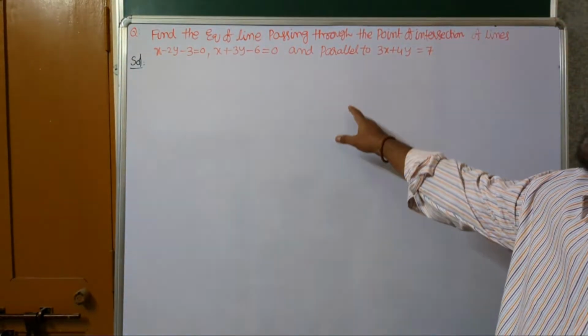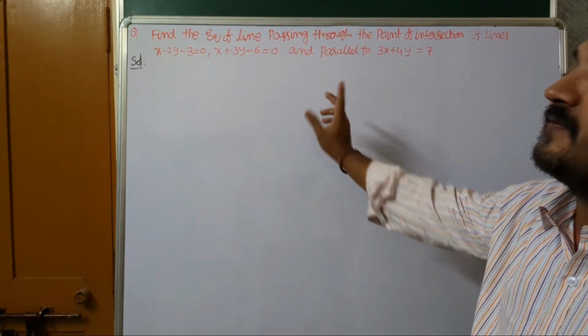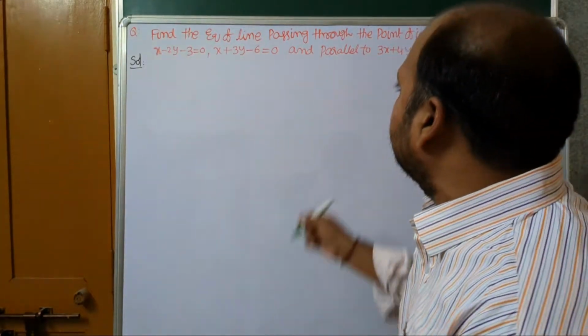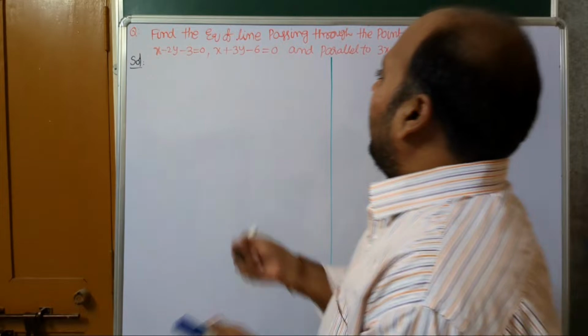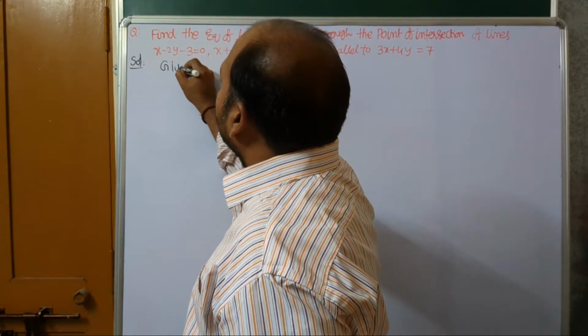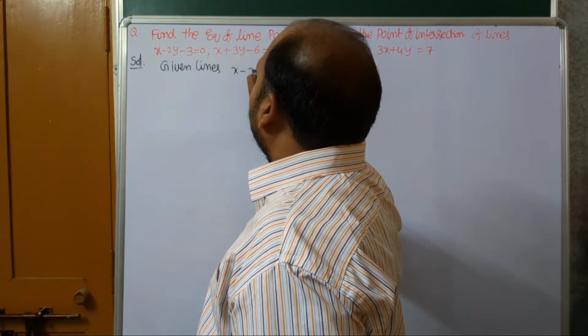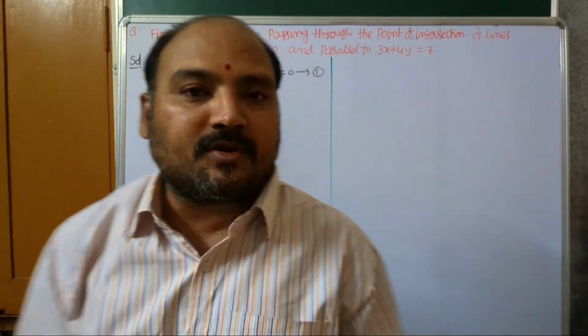Find the equation of the line passing through the point of intersection of the lines. First we have to calculate the point of intersection of the lines. So first, the given lines: x minus 2y minus 3 equal to 0, keep it as equation number 1.